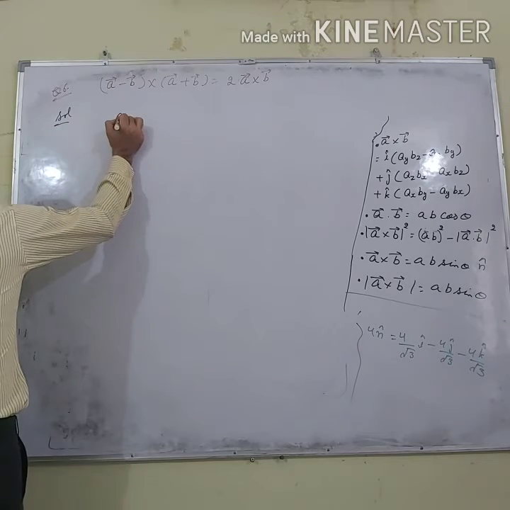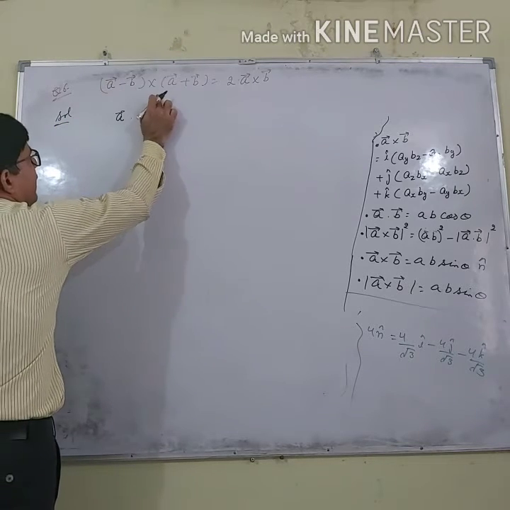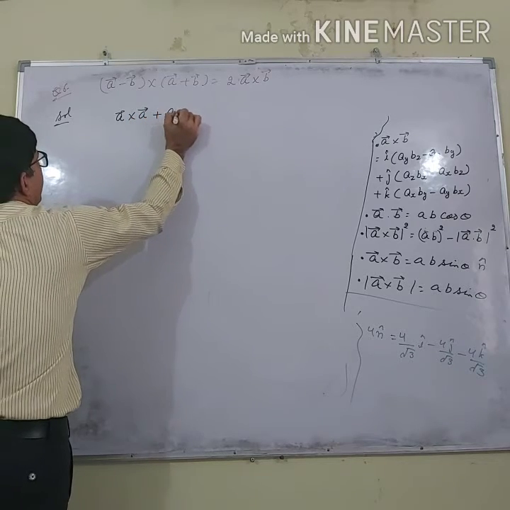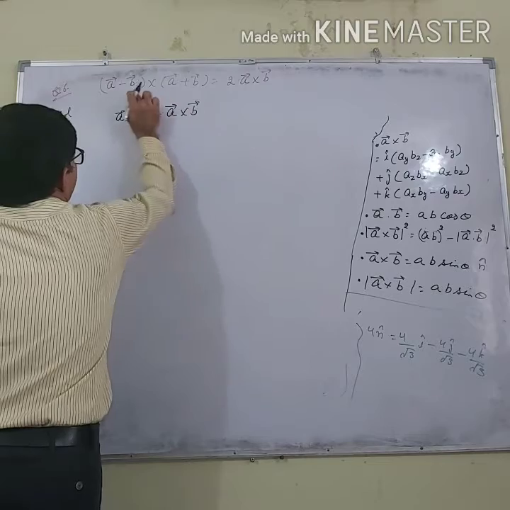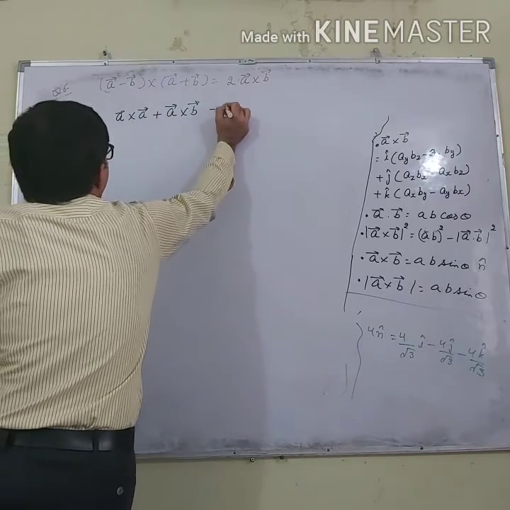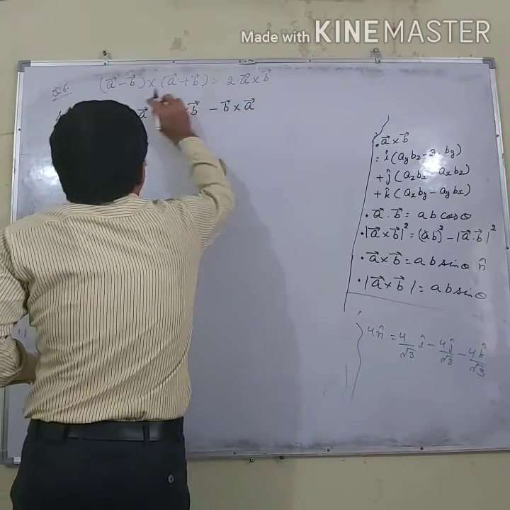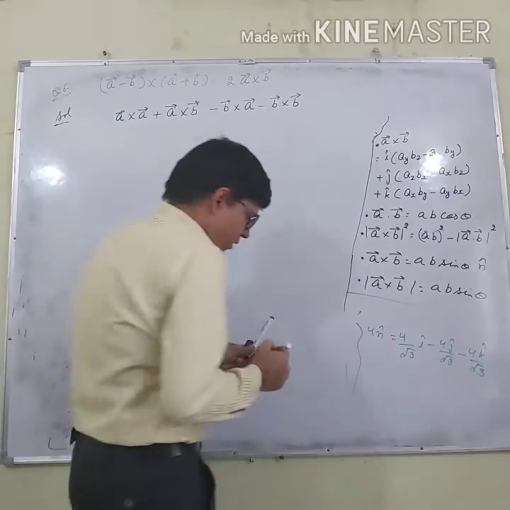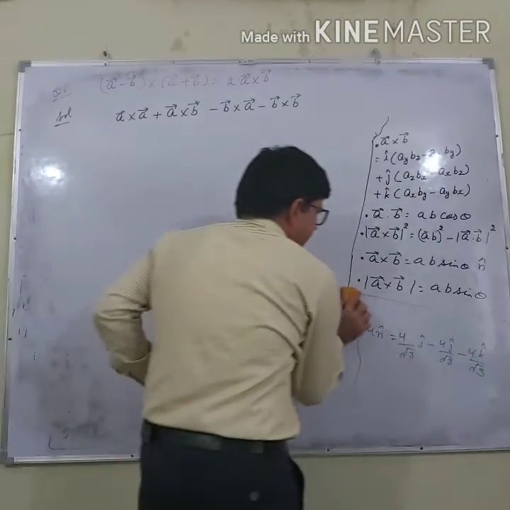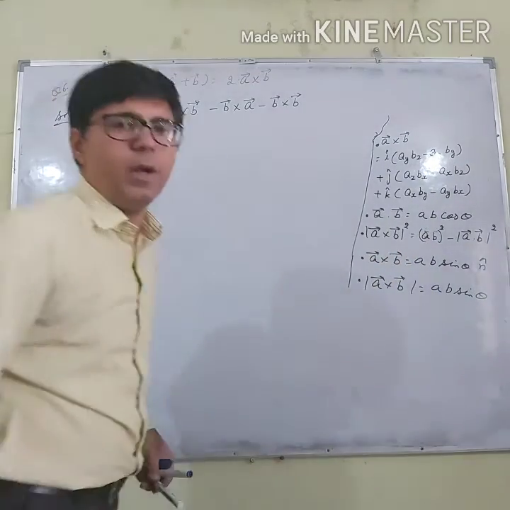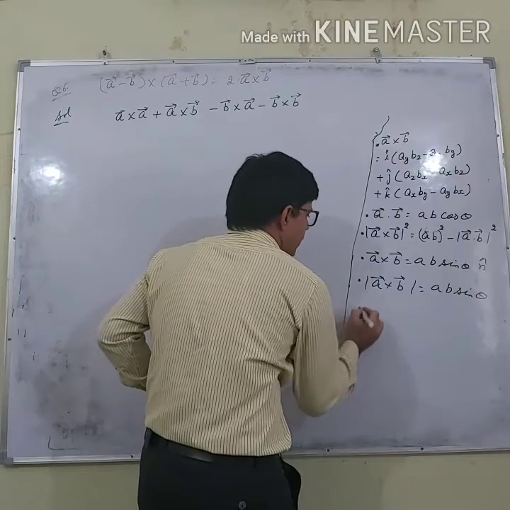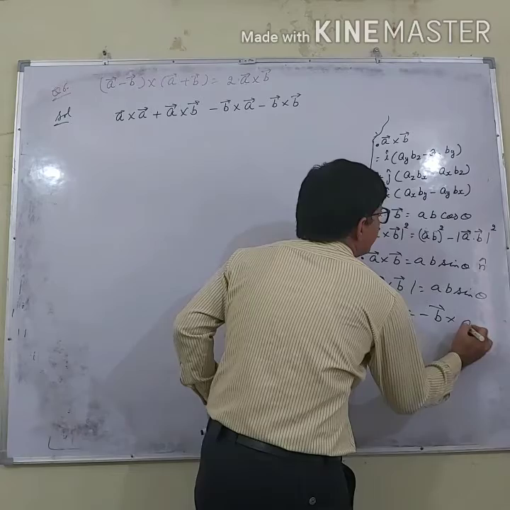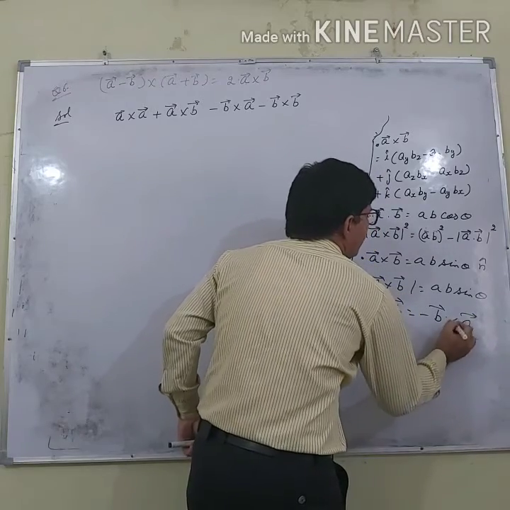Solution is, first I will do the multiplication: a cross a plus a cross b minus b cross a minus b cross b. Now one more point that I am going to add is that cross product is anti-commutative. A cross b equals minus b cross a. These points you have to remember.